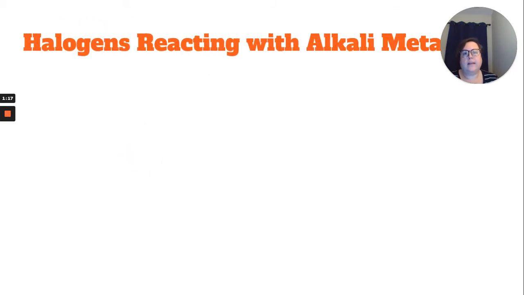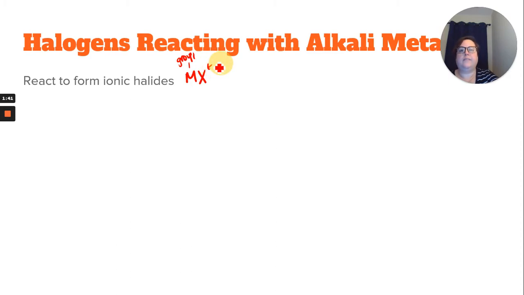Now, when we talk about them reacting with the alkali metals, they form what we call ionic halides. And an ionic halide is simply that alkali metal and then the halogen. So you have group 1 metal, and you have group 17 element.